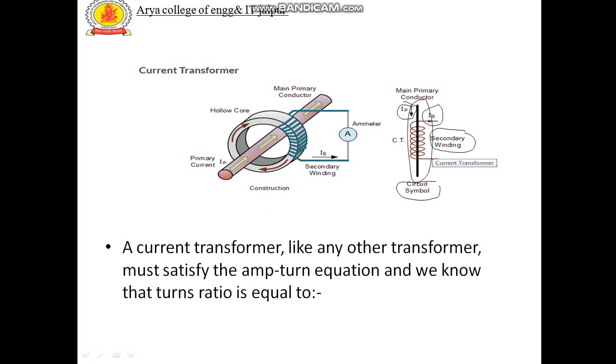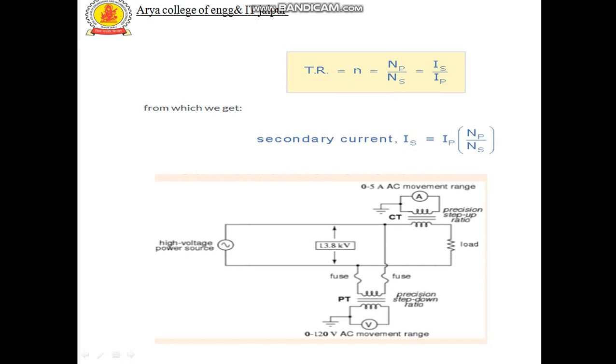A current transformer, like any other transformer, must satisfy the ampere turn equation, and we know that the turns ratio n equals NP upon NS equals IS upon IP.